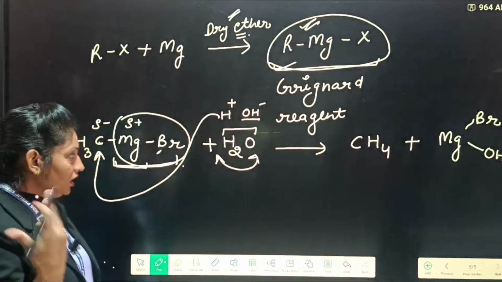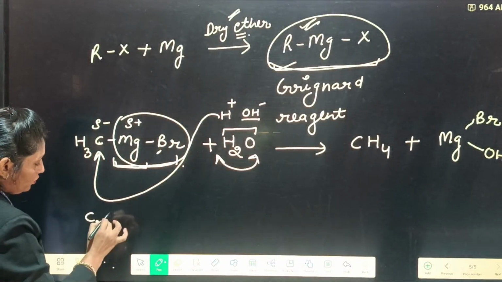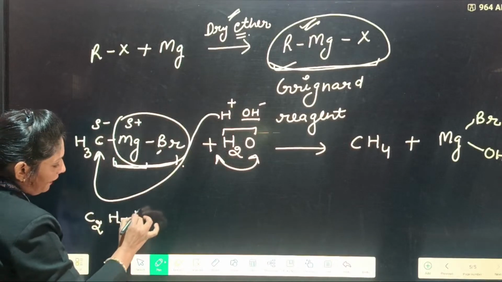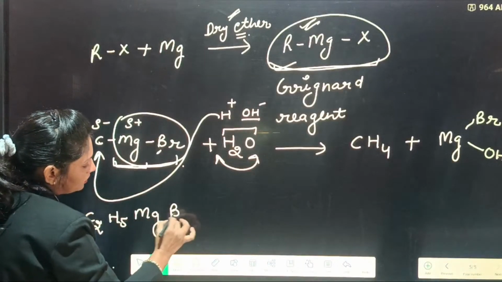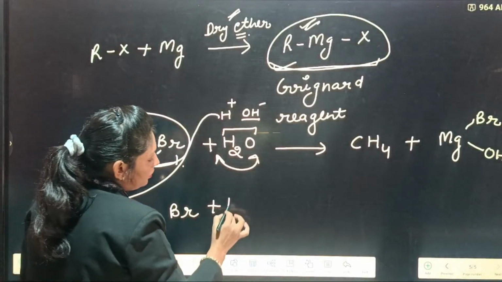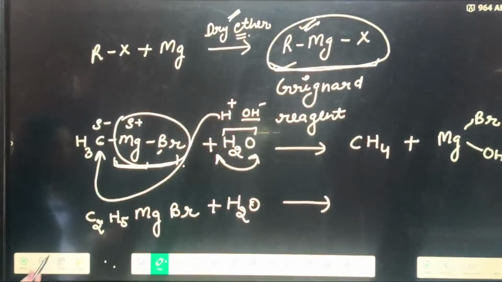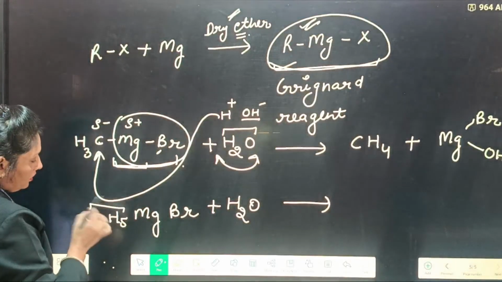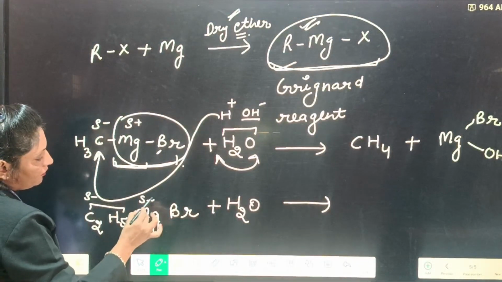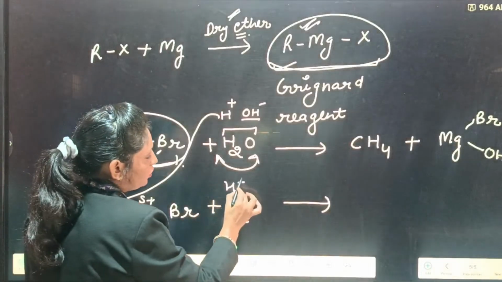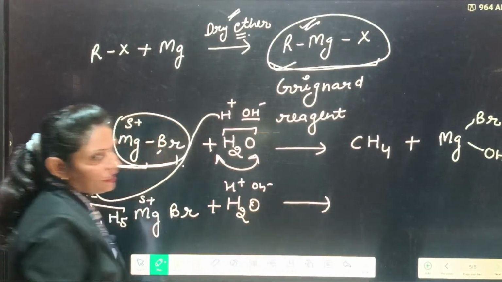Clear? If you have C2H5MgBr, simply you will do the reaction with water. Negative, positive, H positive, OH negative.